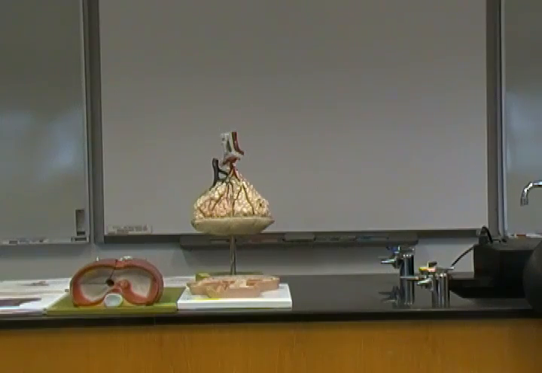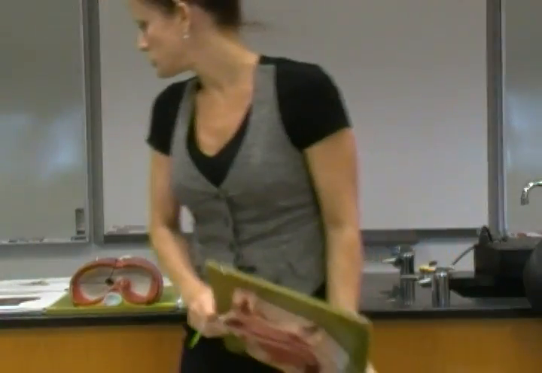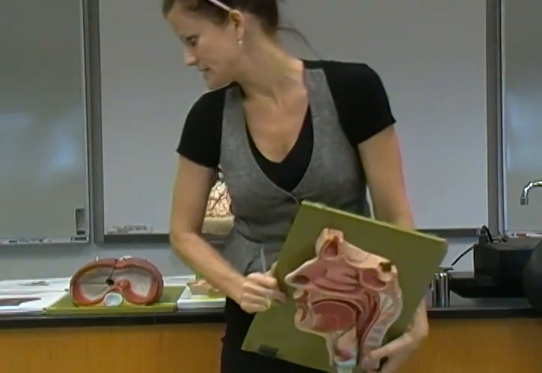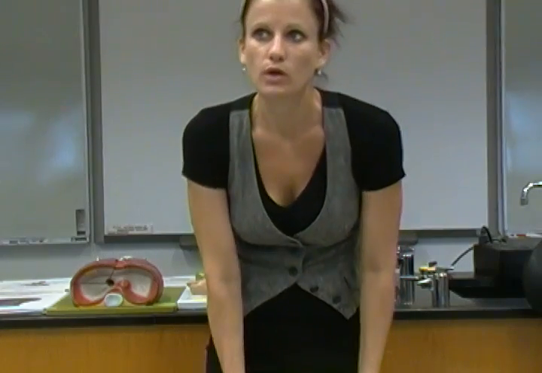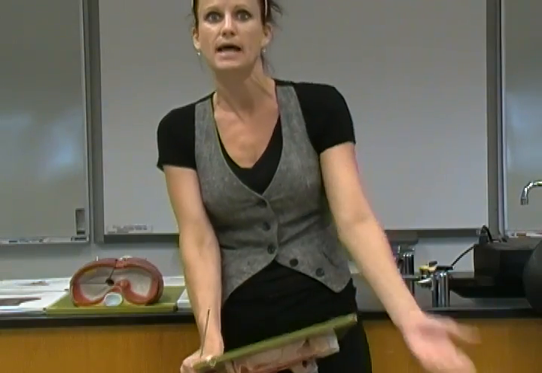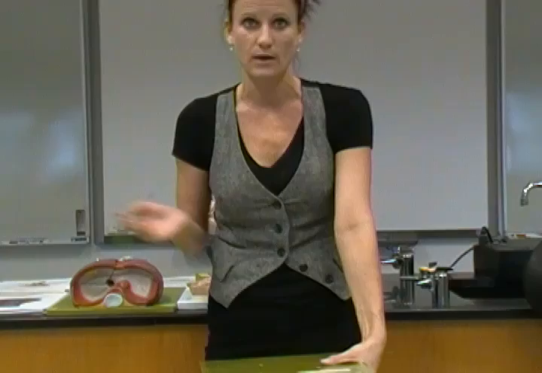Okay, so today we're going to go through the lab portion of the respiratory system. The respiratory system in general is the way that we obtain oxygen for our cells to use in ATP production. All of our cells need a constant or steady supply of oxygen, and we obtain that oxygen from the air around us.